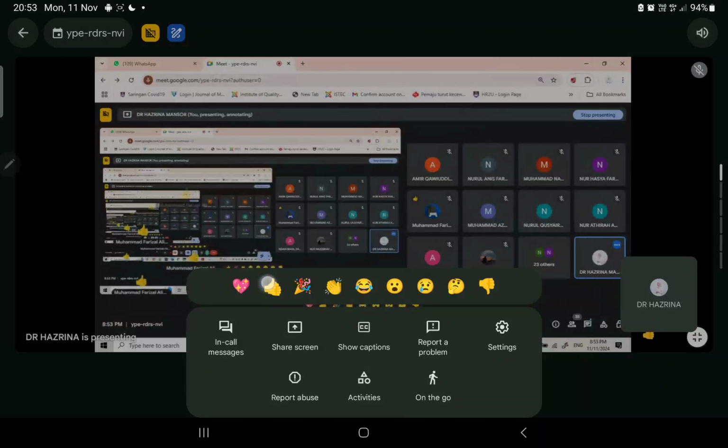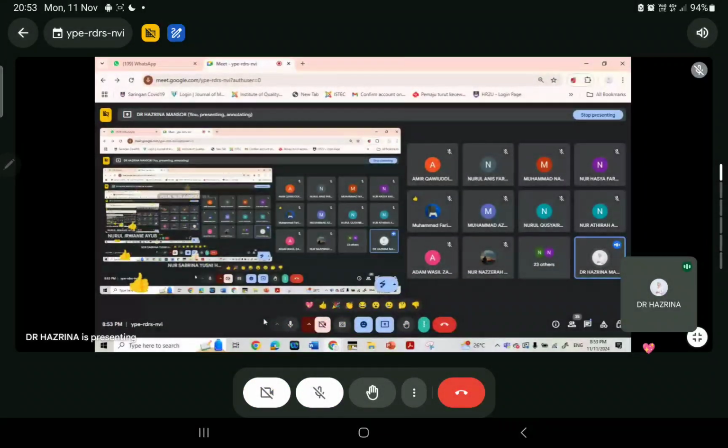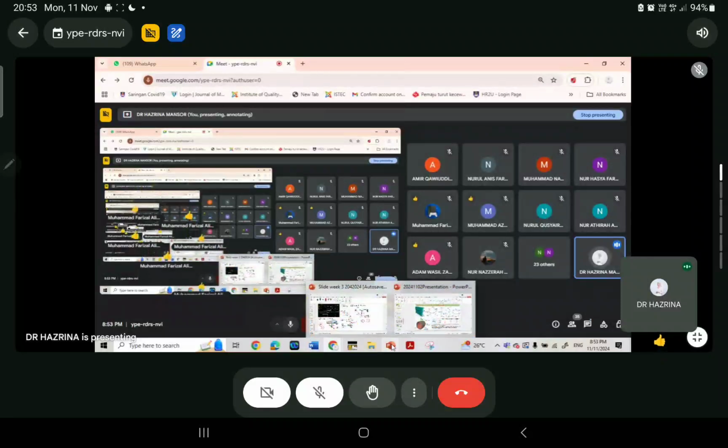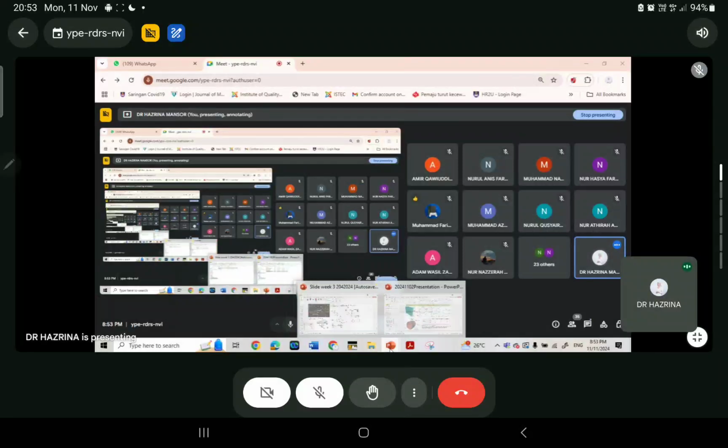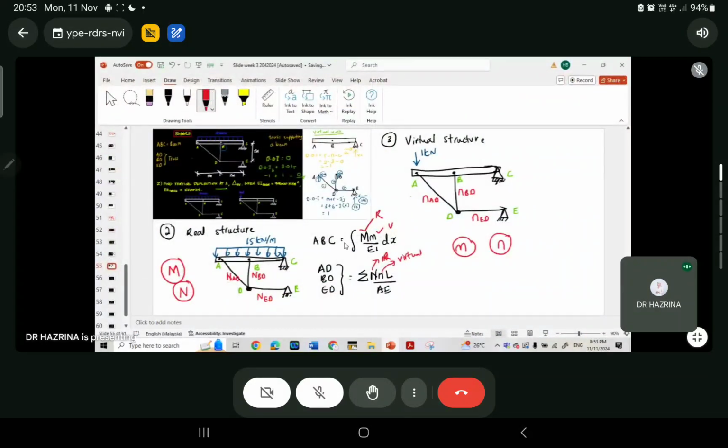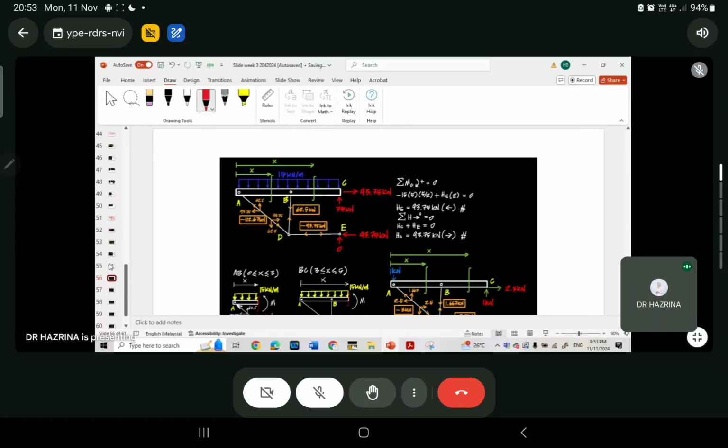Understand? So far, I think I'm going very slow. Okay, alright, because it's online, I'm afraid someone might be left behind. Okay, good. So now let's see what the next step is. Once you have done all this, the next step is to solve for the real structure first.